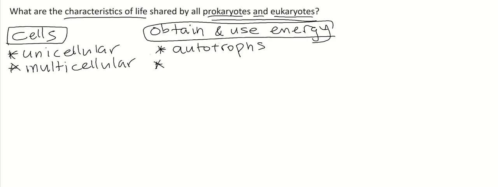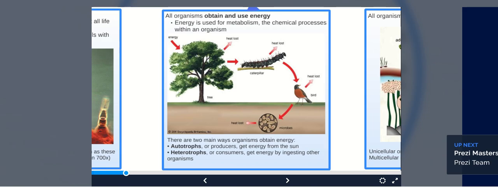The other main way organisms can obtain energy is by ingesting other organisms. These are known as heterotrophs. Look at this image again. Which of these organisms would you consider heterotrophs? These are your consumers. The caterpillar eats the leaf of the tree.